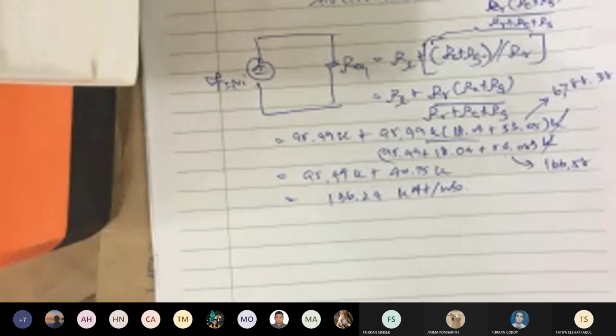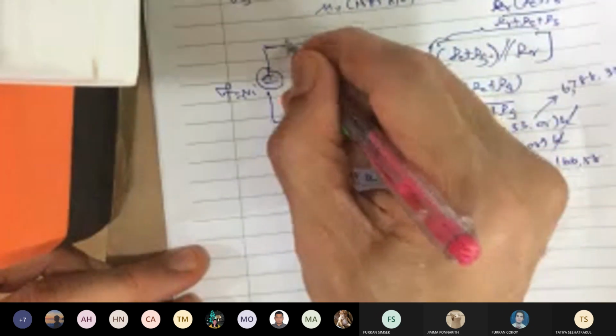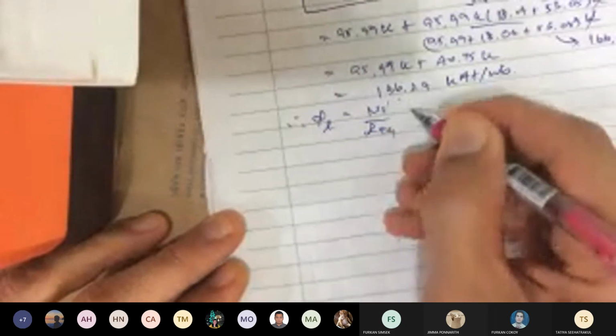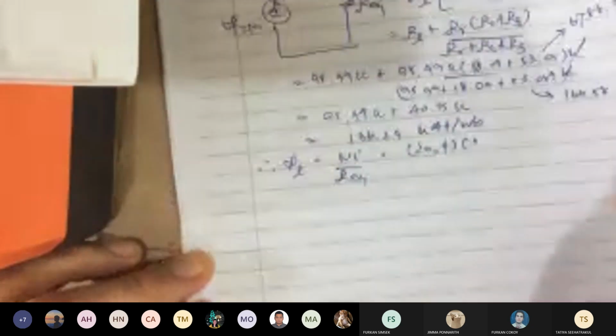Okay. Now, once we got that, we can find the flux here, and you have to keep in mind this flux is according to the circuit, which is our phi left. Okay, so this is phi left. So you have your first answer. Therefore, your phi left becomes the magnetomotive force divided by Req, which is 200 turns times 2m, I think, right?